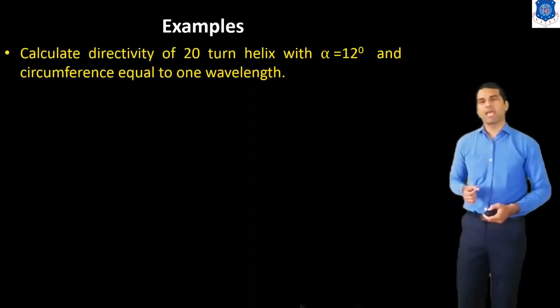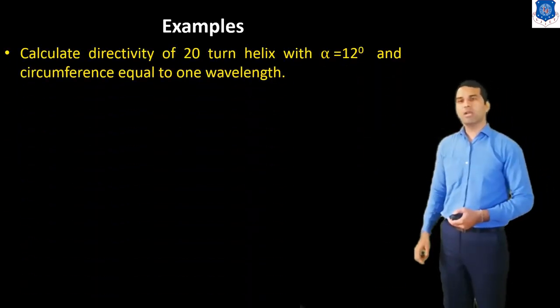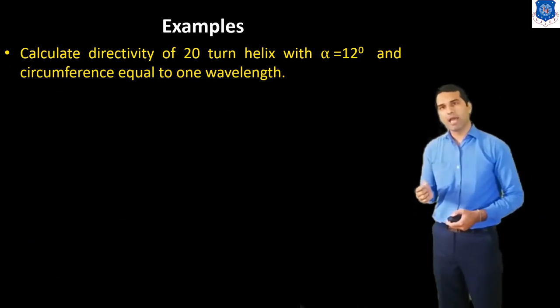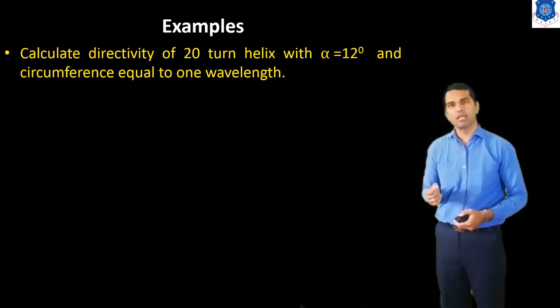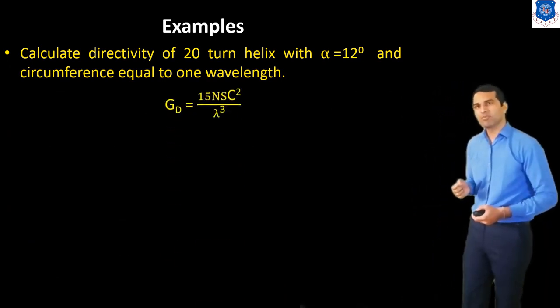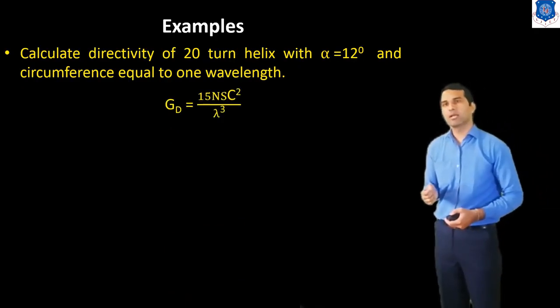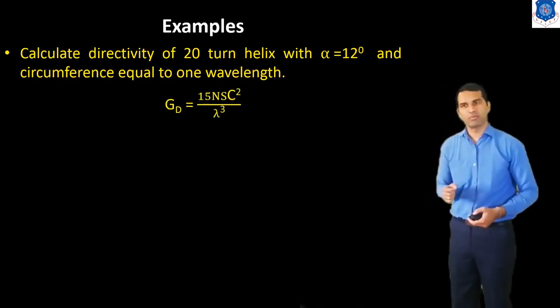Now we calculate one example. Calculate the directivity of a 20-turn helix with alpha equal to 12 degrees and the circumference equal to 1 wavelength.